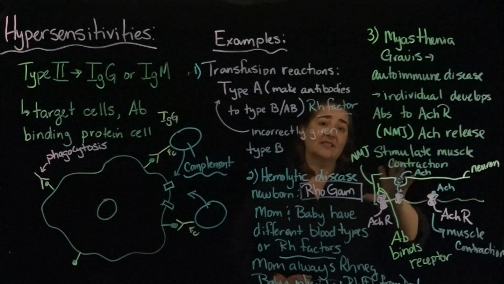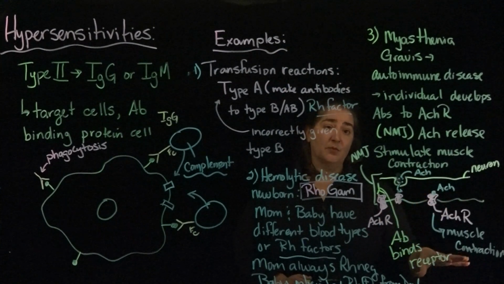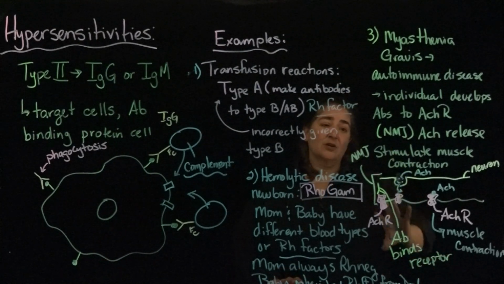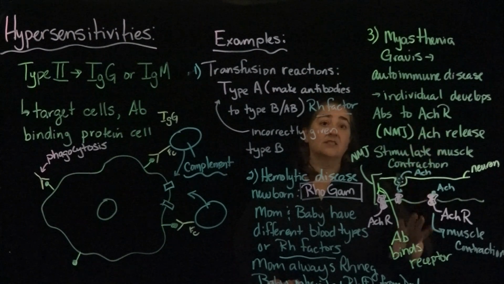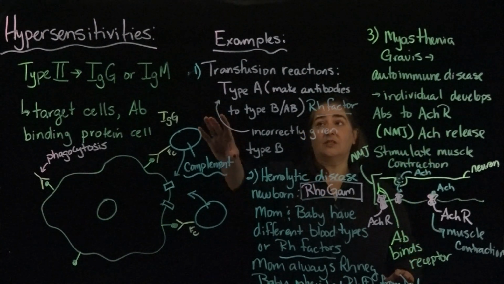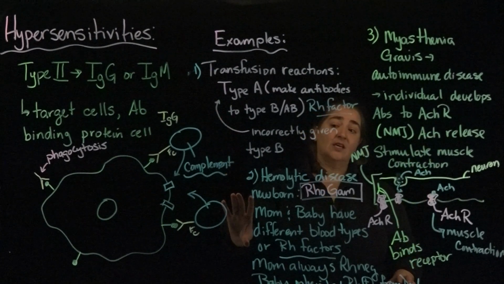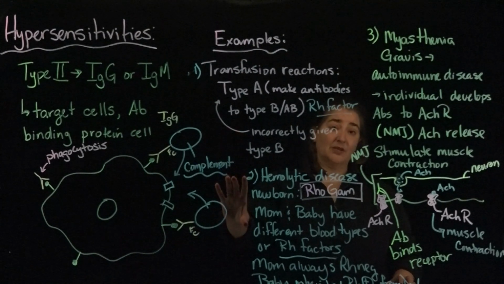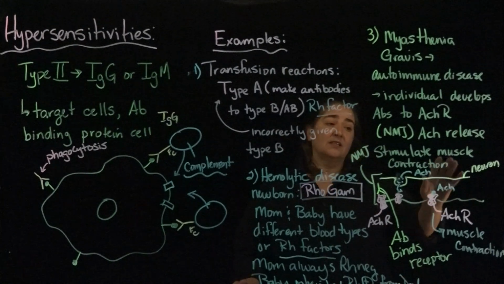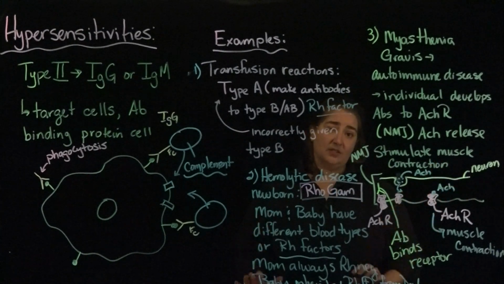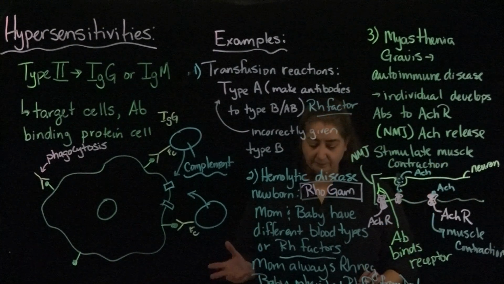So essentially, that's how that interferes with the muscle contraction, all right? So in this case, we aren't necessarily getting the cell to lyse open like we did with the transfusion reaction and the hemolytic disease of the newborn, where the red blood cells are lysing. This one is essentially blocking the receptor, okay?